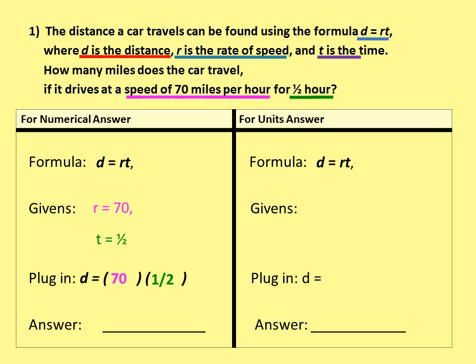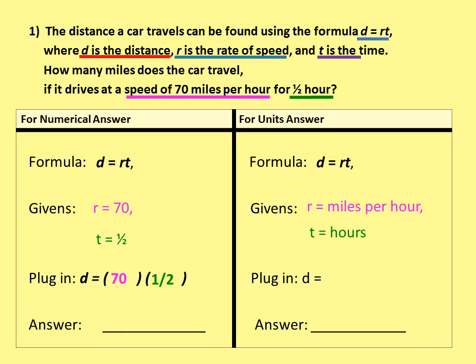So I noticed that my speed or my rate was 70 miles, miles per hour. You say that all the time, right? So my rate is measured in miles per hour. All right? And my time is being measured in hours.